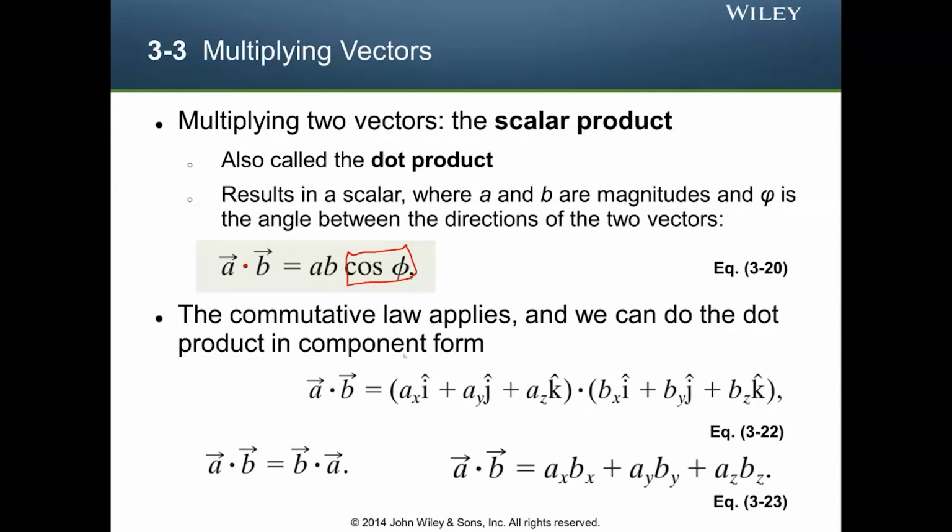Again, the commutative law applies to this. So you can do the dot product here in the component forms, and again, the I portion has to stay with the I portion. When you multiply these things out, you're simply multiplying the I's, the J's, and the K's. This is the most basic general form, so these things can become a lot more complicated.